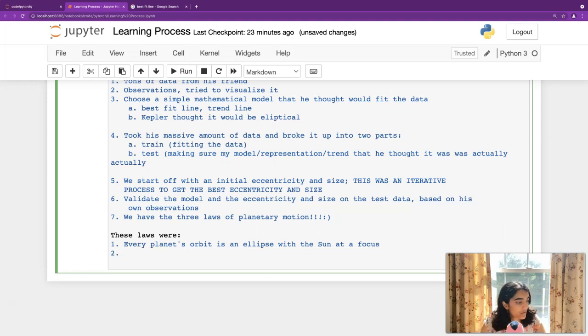Second, a line that connects both the sun and a planet sweeps out equal areas in equal times.